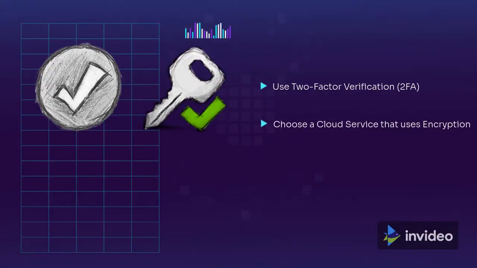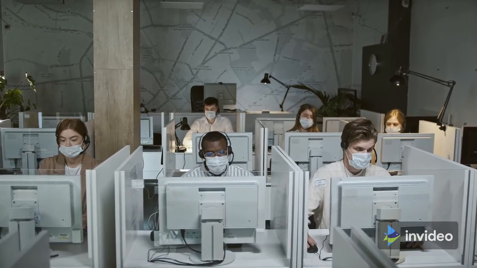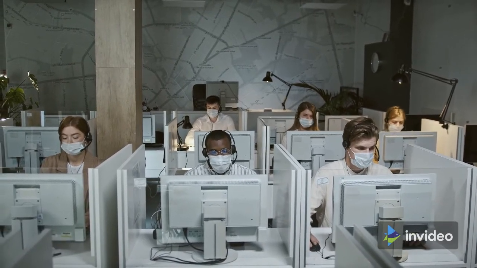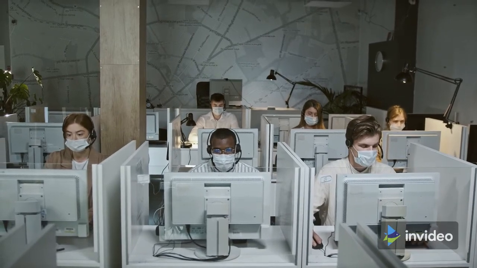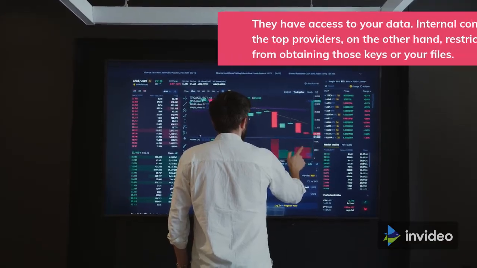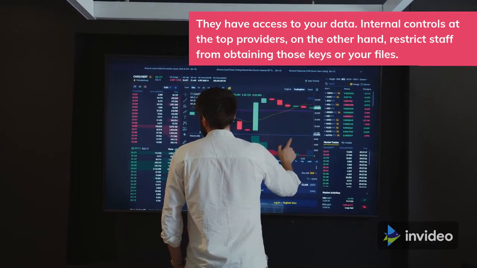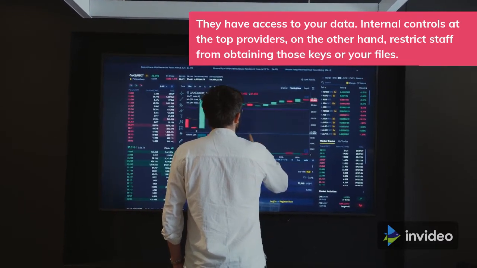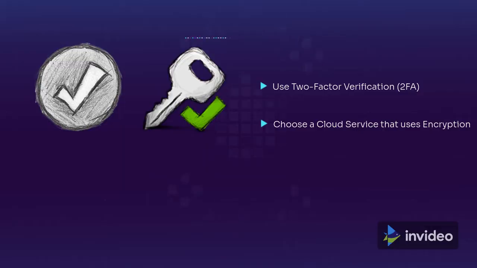Choose a cloud service that uses encryption. The majority of cloud providers encrypt your files in transit and at rest. Check to see whether your provider provides these services. The encryption keys are frequently held by the service provider, which means they have access to your data. Internal controls at the top providers, on the other hand, restrict staff from obtaining those keys on your files.